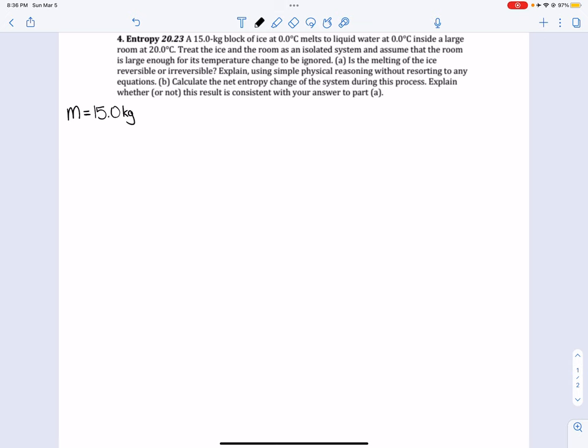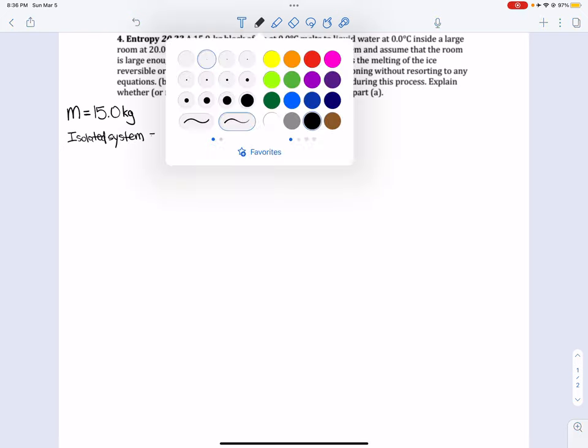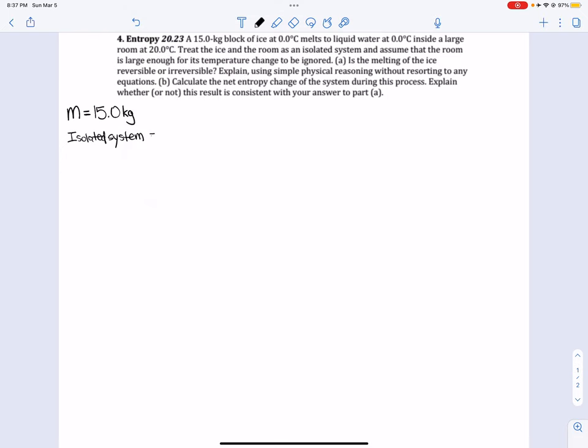It said to treat the ice in the room as an isolated system. So isolated system means our system plus surroundings.